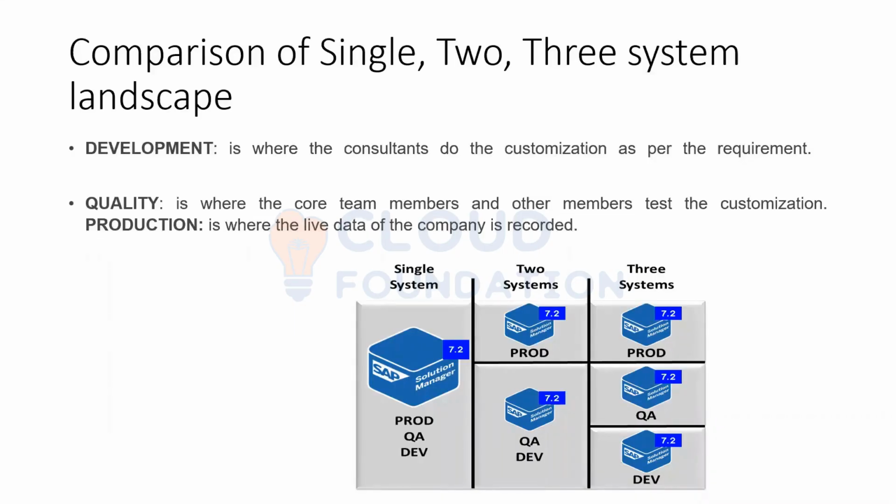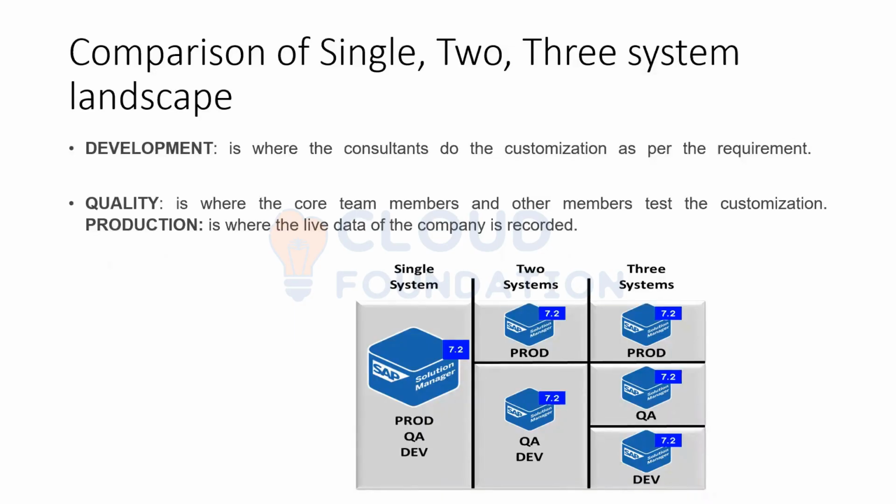Let me explain. There won't be anything physical; everything is virtual. For example, if you develop something in development, you want to make a cross check. You go to the same T code and check whether everything is going well or not.